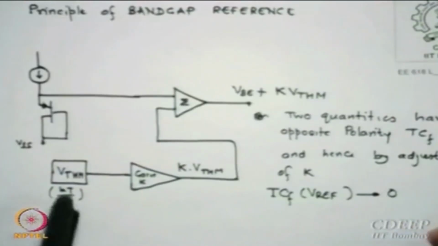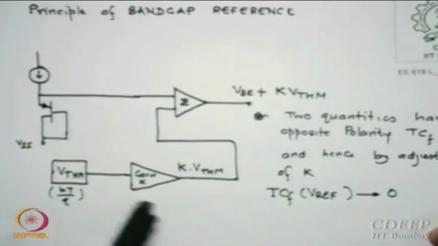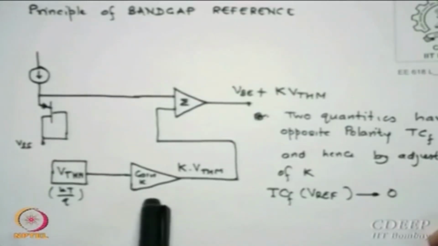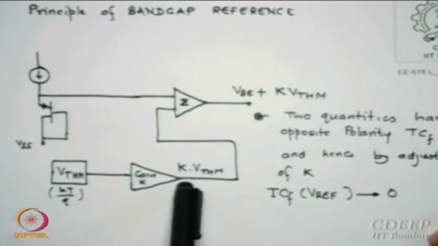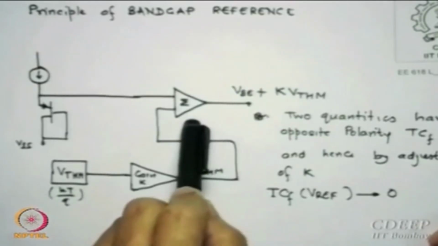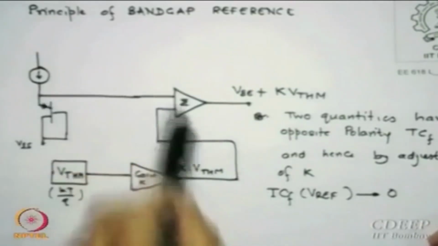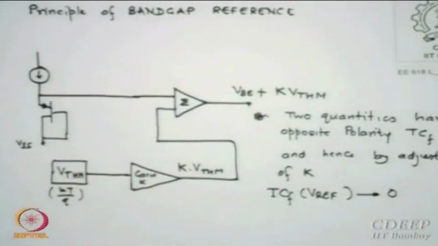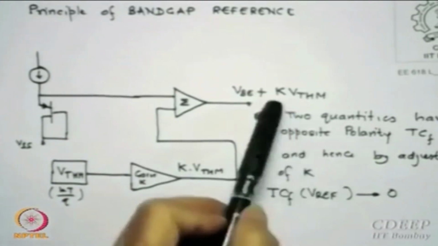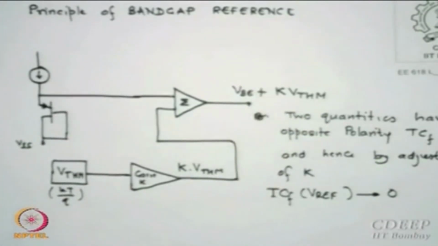Now here is the band gap reference, which is most important. This is some KT by Q source, V thermal. You multiply a gain factor, so it becomes K times V thermal. Pass through an adder, so VB plus K V thermal. I added these two, so the output is VB plus K V thermal.